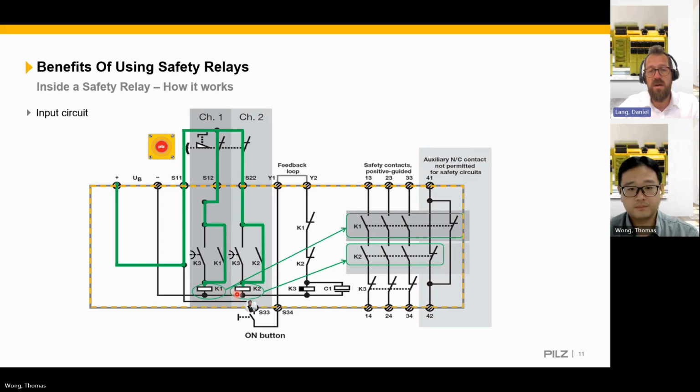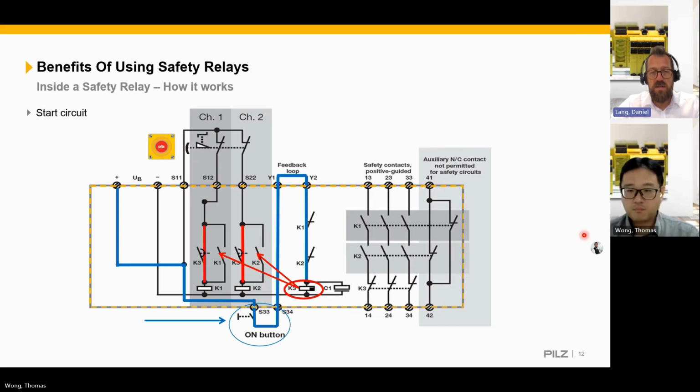When these are energized and closed, you have the contacts for wiring, let's say, a robot, a saw or something else, to enable the start or cut off the power, in other terms, the hazard.